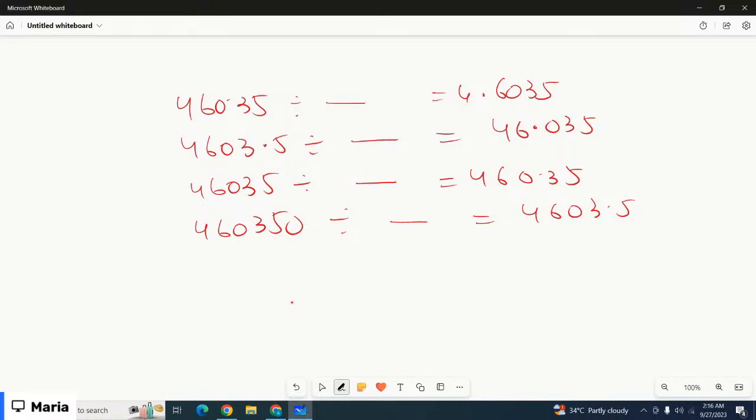Just look at the movement of the decimal point. Here the decimal point is after 0 and it is moved 2 places left. So that means it is divided by which number is missing? It is divided by 100 because the decimal point is moved from here to here, just 2 places left, right? Then it is between 3 and 5 and again 2 places left. That means it would be divided by 100, isn't it?